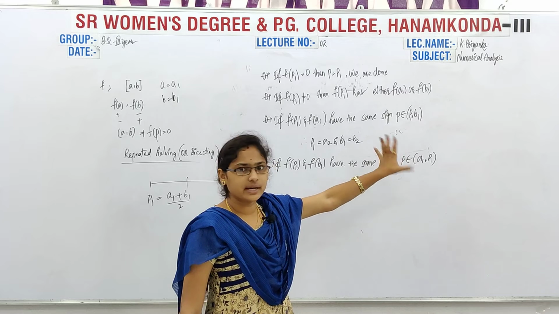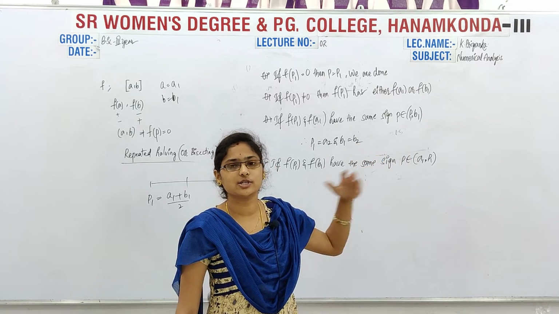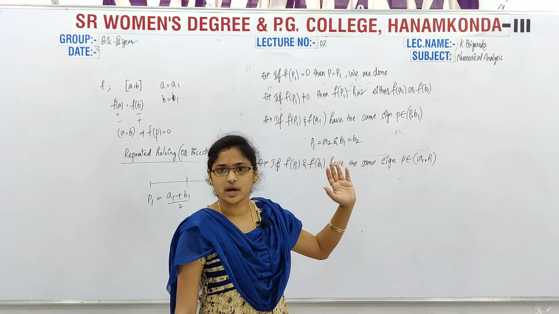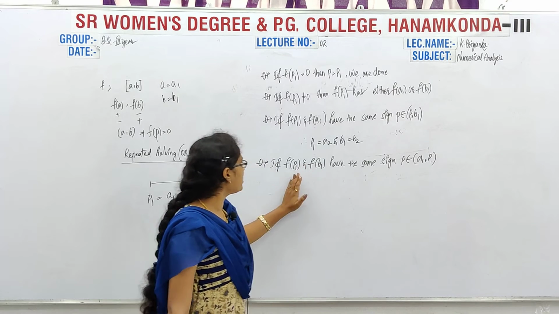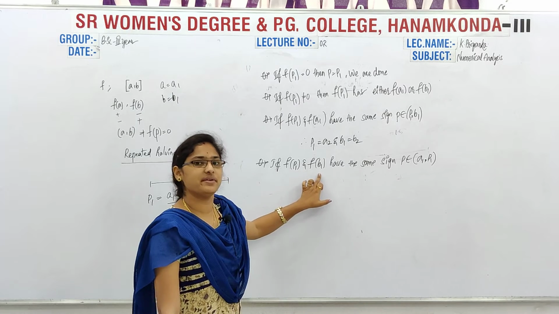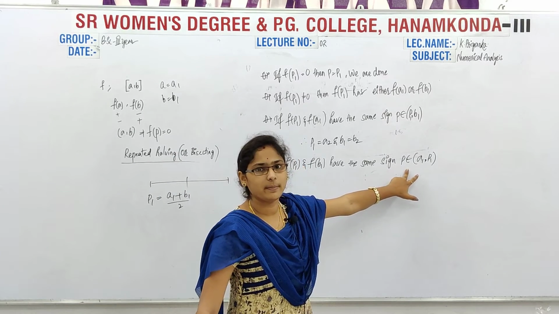I will take the numbers and I will give the clarity. Please don't get confused, because here I am taking generally alphabets, so definitely you will get some confusion. Here I will take the numbers also. Now here I wrote that if f of P1 and f of B1 have the same sign, then P belongs to A1 comma P1.